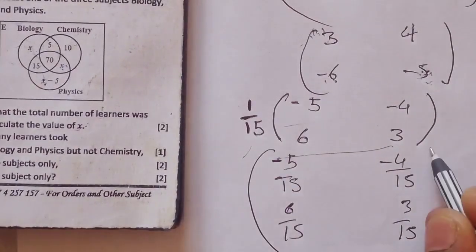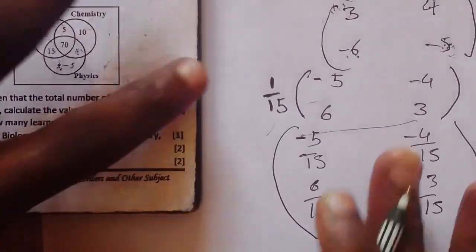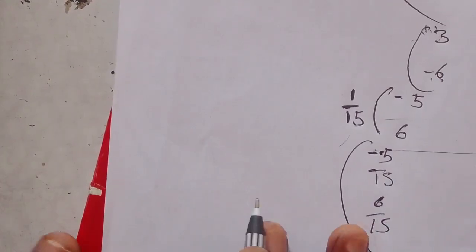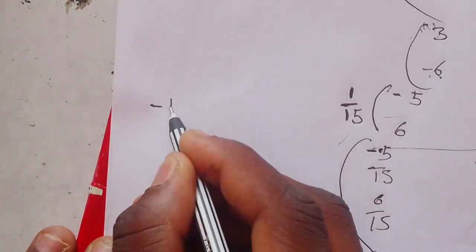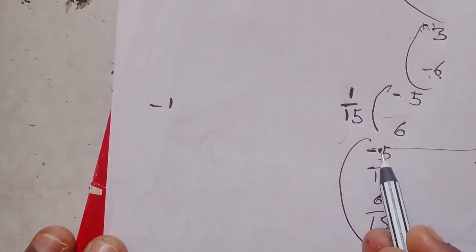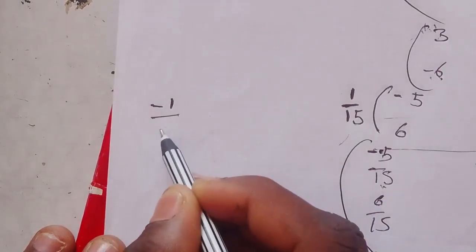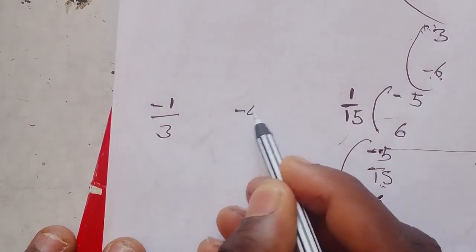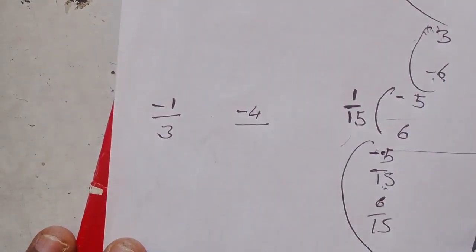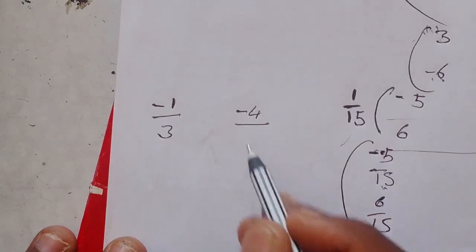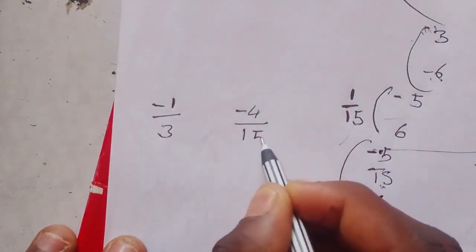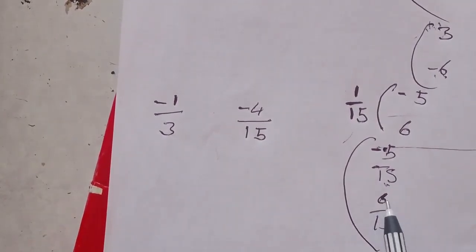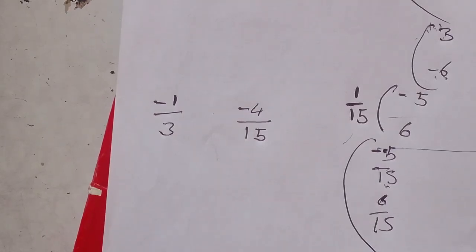So this is the inverse of Q. Then here, you can just finish it: negative 5 over 15, it will give you negative 1 over 3. Here, we can just maintain 4 over 15, because 4 cannot go into 15 without leaving a remainder. Here, since it's 6 over 15, we can divide by 3.